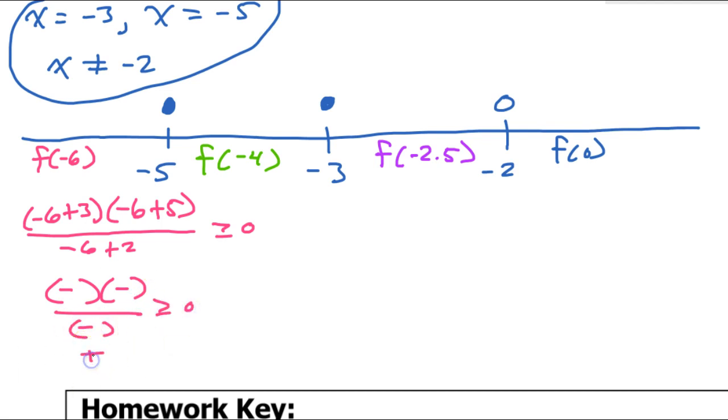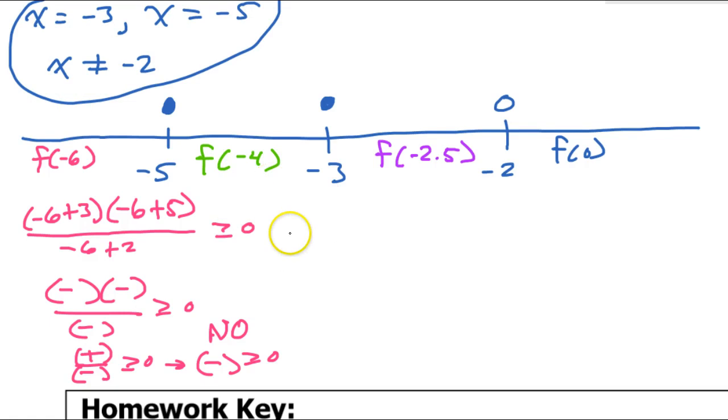All right, so that's going to be a positive divided by a negative. So that's going to be a negative. So that's a big old no on that one. All right, negative numbers are not greater than or equal to 0. So I'll have no solutions in that first zone.